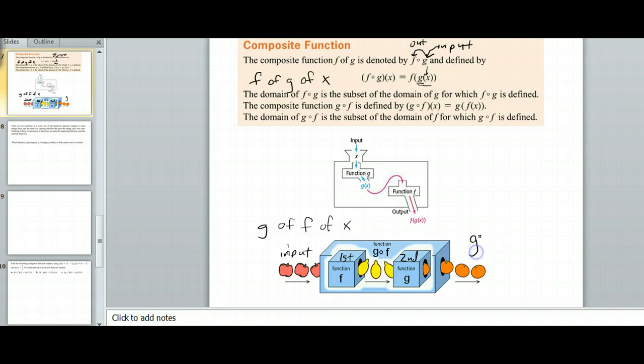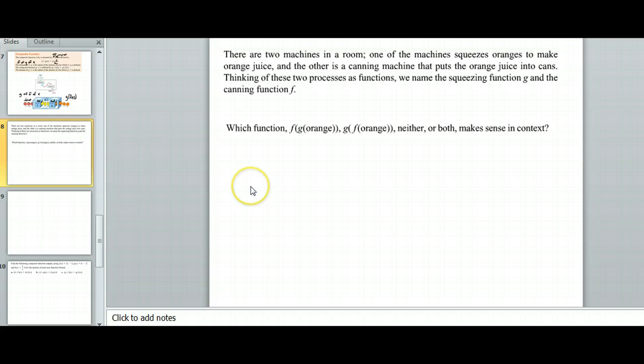That would look like f of x going into g, which is g of f of x. So there are a couple of visuals to give you an idea of what's going on, but the main idea is that we've got something going inside of something else. An input becomes an output, and that output turns around and becomes another input.